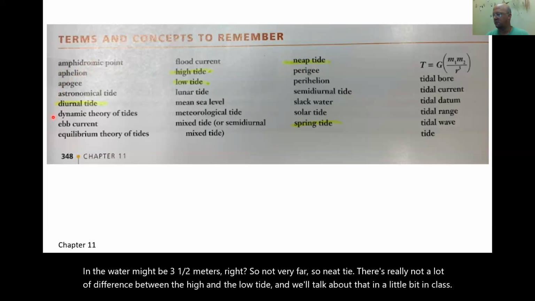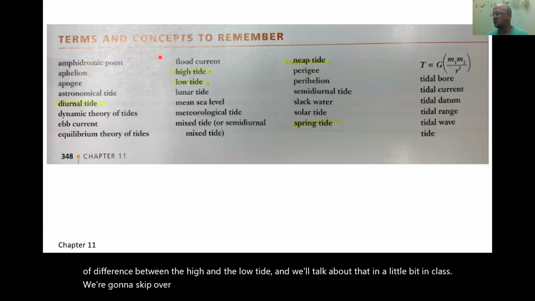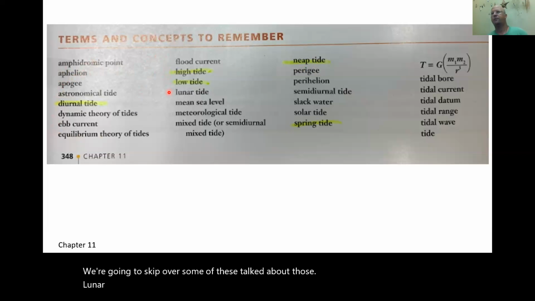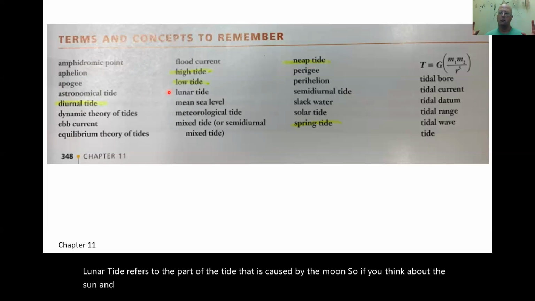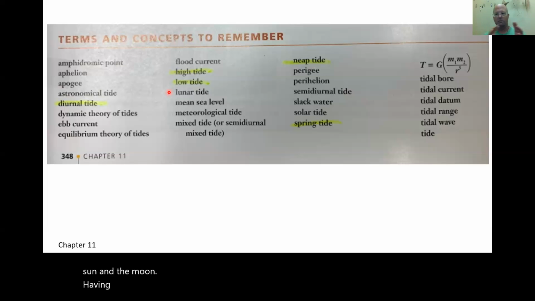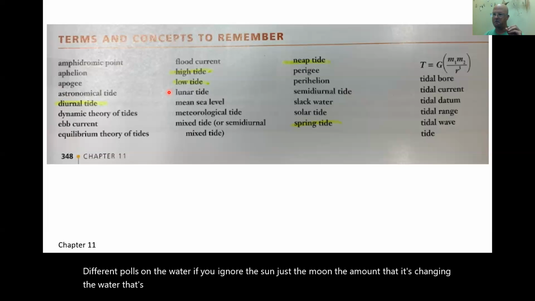We're going to skip over some of these, talked about those. Lunar tide refers to the part of the tide that is caused by the moon. So if you think about the sun and the moon having different pulls on the water, if you ignore the sun, just the moon, the amount that it's changing the water, that's the lunar tide.